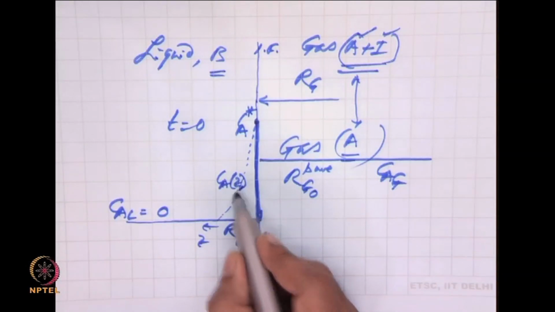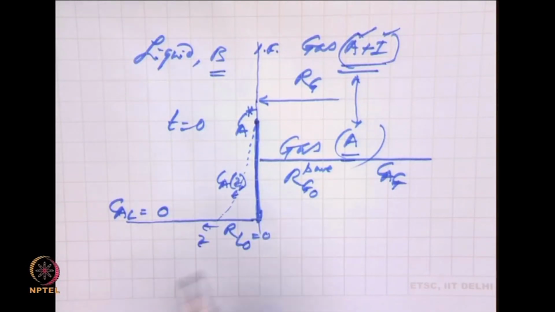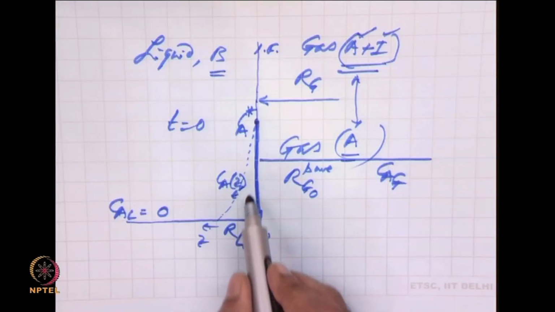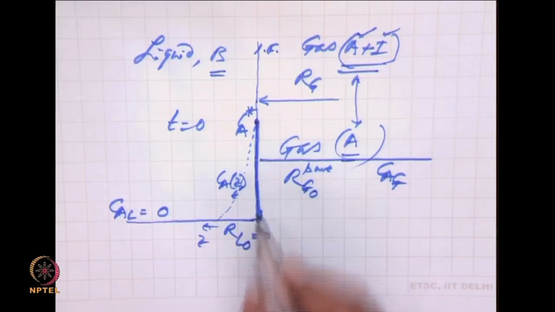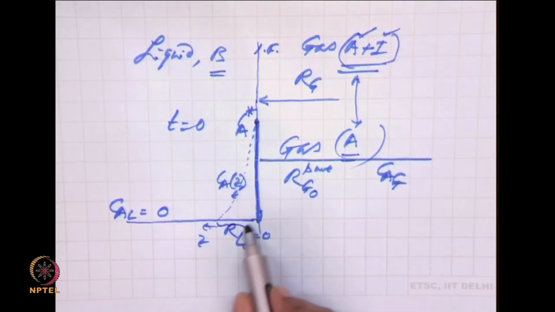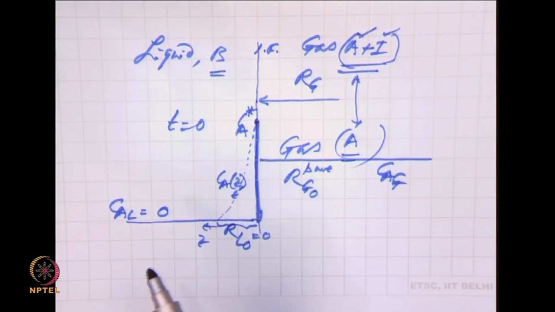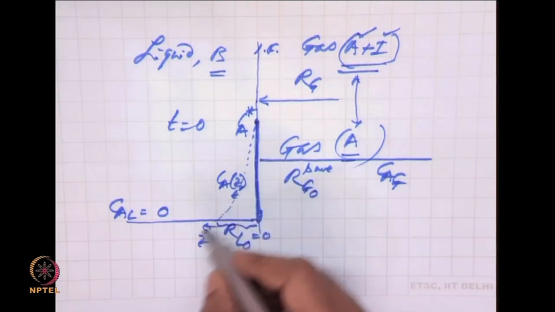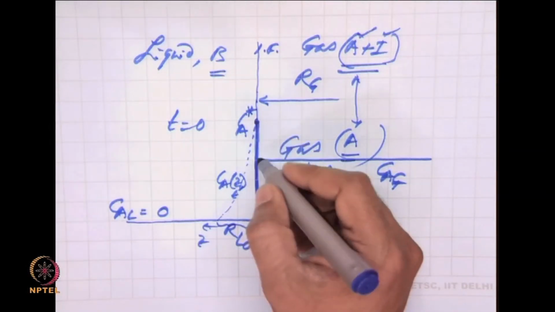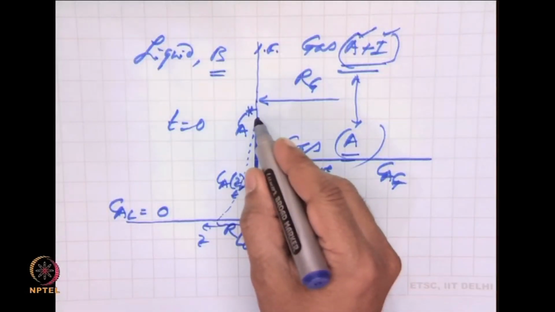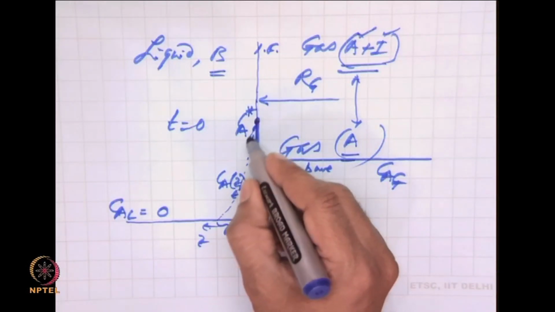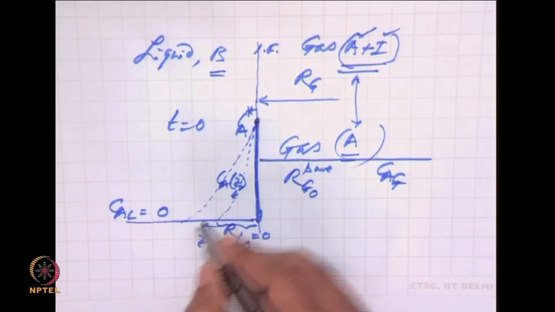At some time t greater than 0, the concentration inside the liquid at this depth would have become greater than 0. In the process, the gradient has fallen from infinite to something finite, still large, but much lower than infinity. As time progresses, the concentration at the surface is constant, and the profile would have shifted maybe up to here and so on.